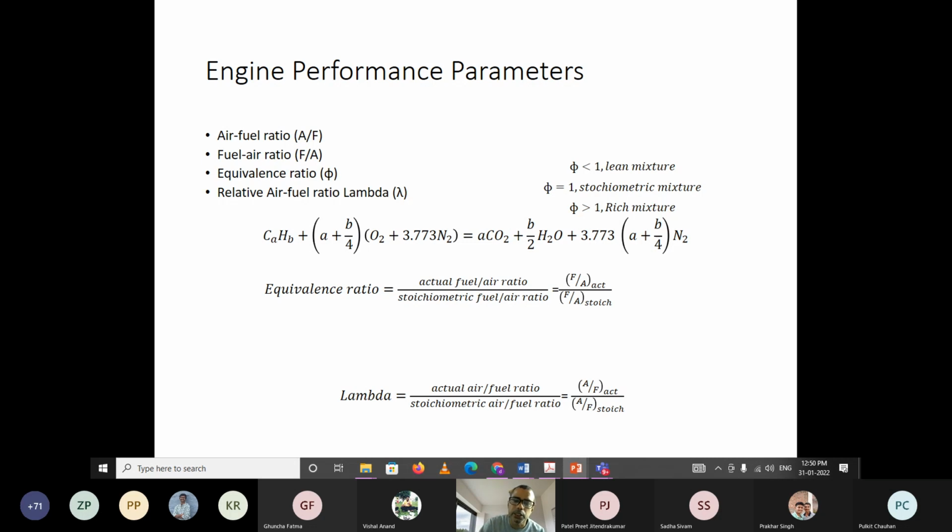We already know which kind of fuel it is, so we know the stoichiometric air-fuel ratio. For gasoline, the stoichiometric air-by-fuel ratio is around 14.7. In your gasoline engine, that ratio is 14.7.